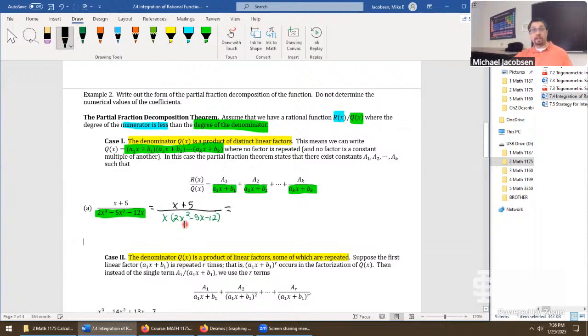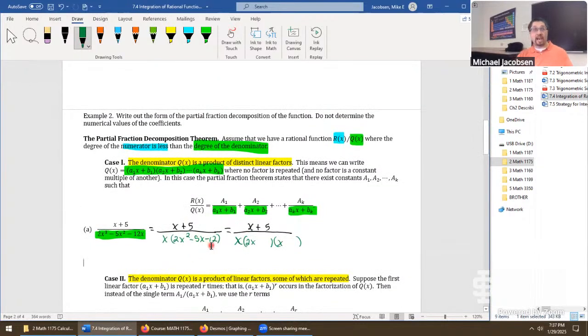Next, we'd have to factor this right here. We're going to obtain an x plus 5 divided by x times two binomials. We can go 2x and x to start. Because of the opposite sign here, we have to have plus and minus. I think it should be minus plus, because 12 factors nicely as, say, how about, I'm not too sure what would work on this. Maybe a 3 here, maybe 4 here.